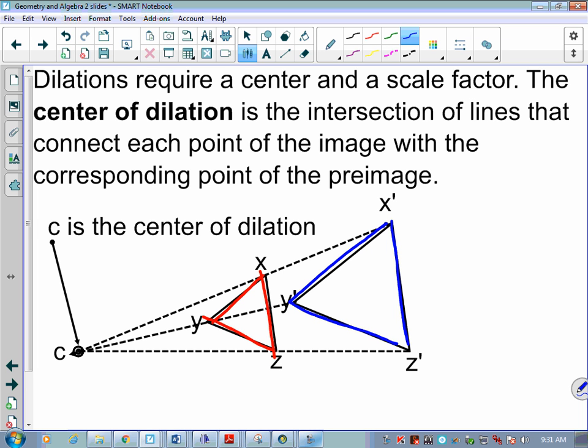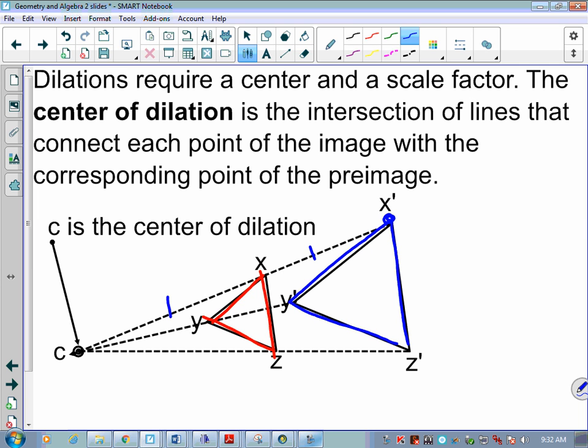If it was a scale factor of 2, then x prime would be twice the distance from c as my pre-image x. So the distance from x to x prime is going to be the same distance.